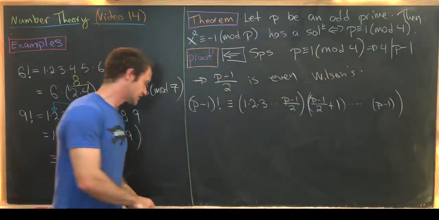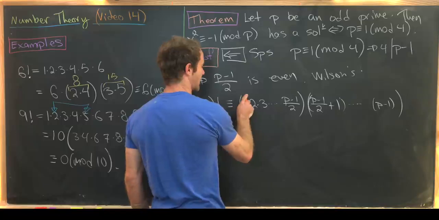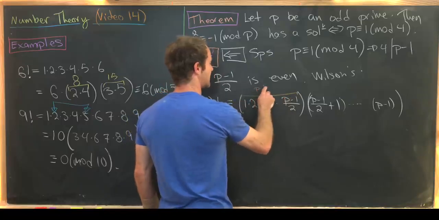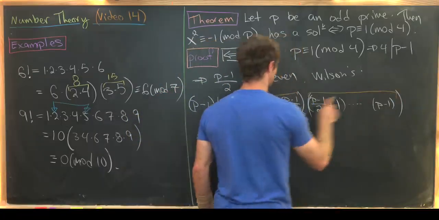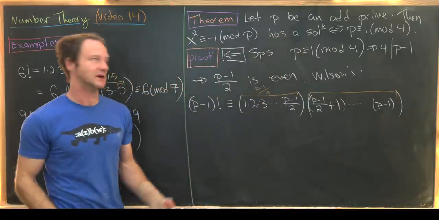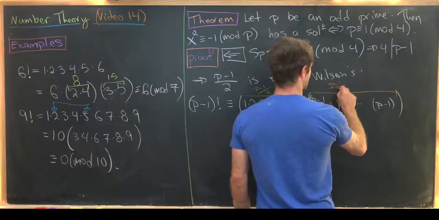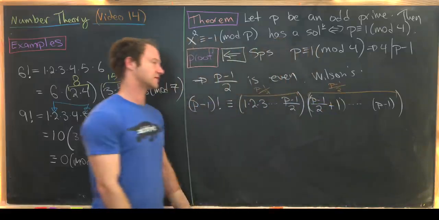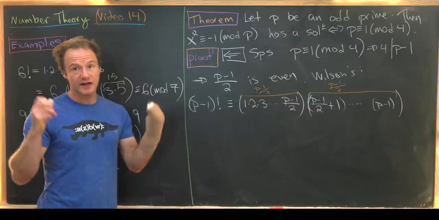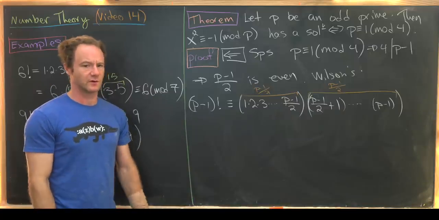Okay, great. So let's notice that in this product, there are p minus 1 over 2 terms. That's pretty obvious because we're just counting them 1, 2, 3 up to p minus 1 over 2. And then in this product, there are also p minus 1 over 2 terms. That's a little bit trickier to count, but still pretty straightforward.